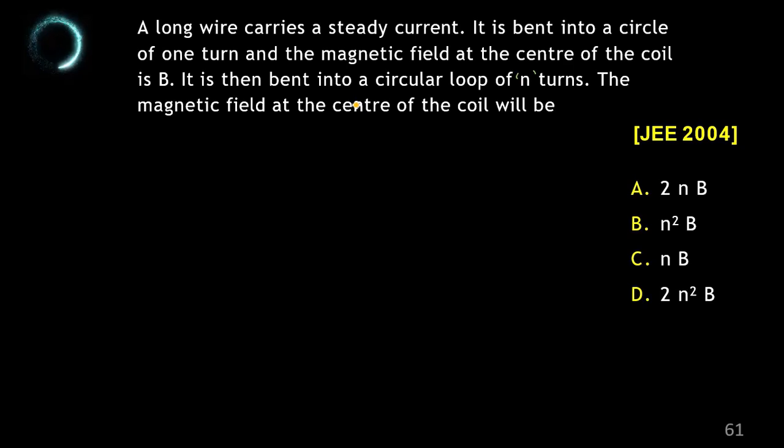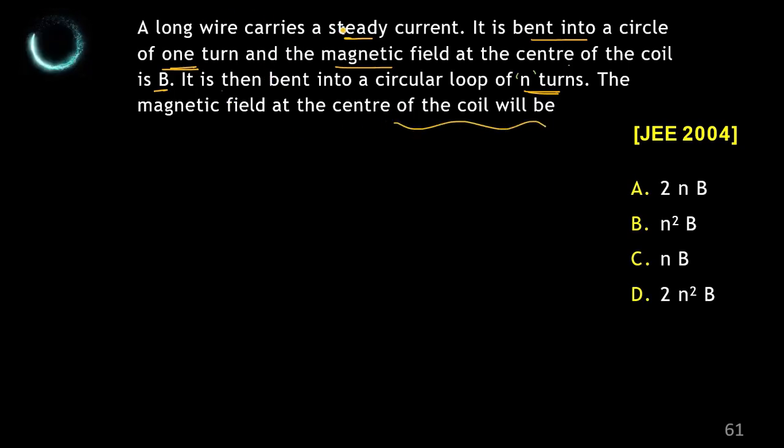So like this way, let us say this long wire carries a steady current. It is bent into a circle of 1 turn, and the magnetic field at the center of the coil is B. It is then bent into a circular loop of n number of turns. The magnetic field at the center of the coil will be how much?